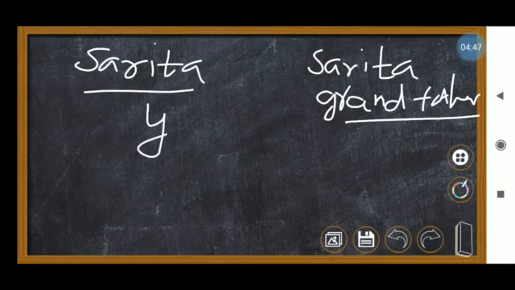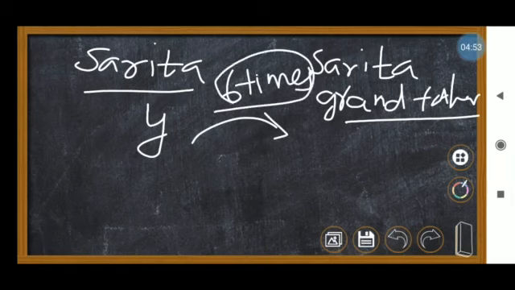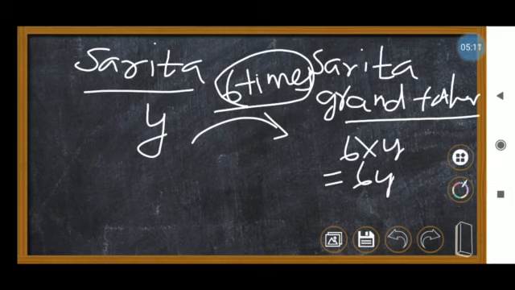Sarita's grandfather will be 6 times more. So 6 times means we have to multiply. They gave one number and then used the word times, which means we have to multiply with that number. Sarita's present age is Y, but her grandfather is 6 times Sarita's age. That means 6 into Y, 6Y. So 6Y is the grandfather's age.